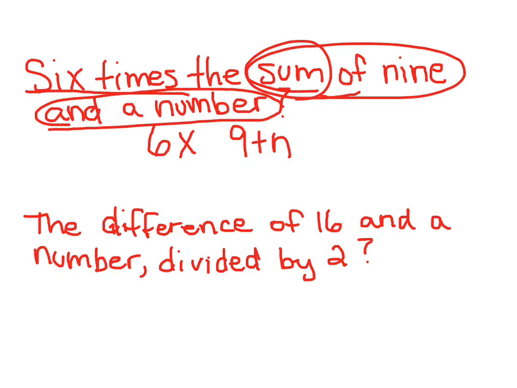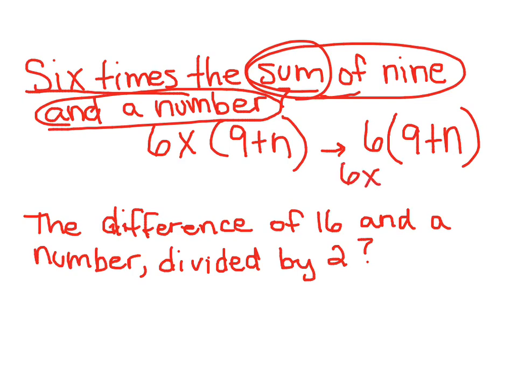Because it says 6 times 9 plus a number, 9 plus n has to be in parentheses. So you would actually write 6 parentheses 9 plus n. Or you could say 6 times parentheses 9 plus n. The point is you have to solve 9 plus n first before you multiply it by 6, because it says 6 times the sum.